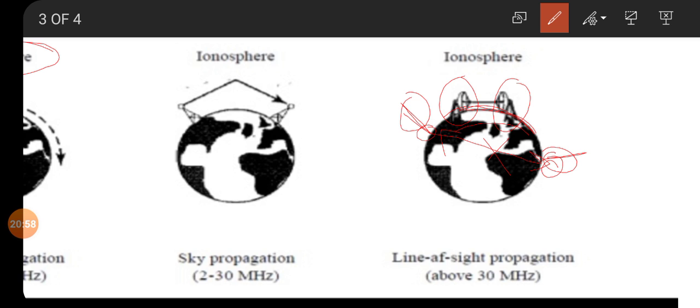No. Can you operate your TV using your remote with a wall in between? No, because there is no line of sight propagation if you try to do that. Clear? So this is how the three types of propagation are available: ground wave, skywave and line of sight. Hope you have understood everything.